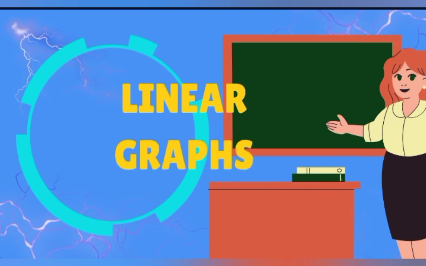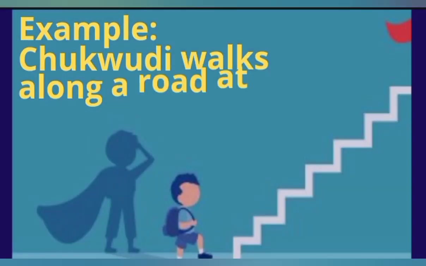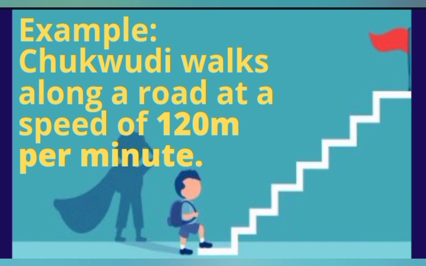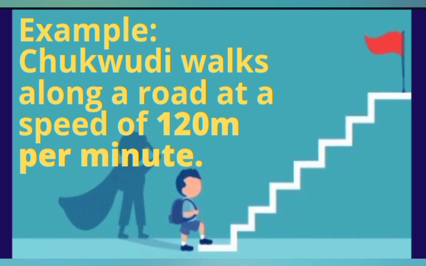Now going forward, in our major topic for today, we'll be looking at linear graphs, which means straight line graphs. Now let's take an example. Let's say that Chukudi walks along a road at a speed of 120 meters per minute.